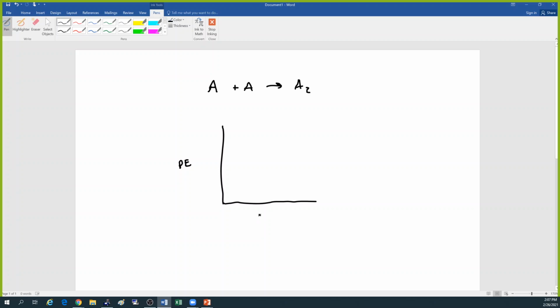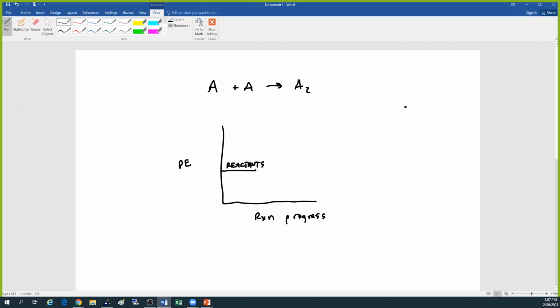On the x-axis, sometimes they call this the reaction coordinate, but that's hard to visualize, so I'm just going to call it reaction progress. Well, sequentially, we start at some energy with the reactants. And we're going to end with the products at some other energy.